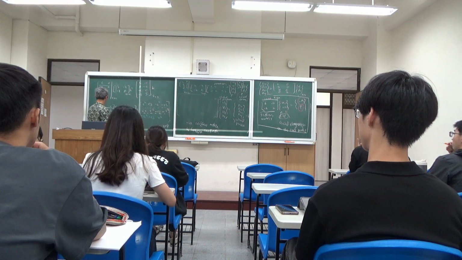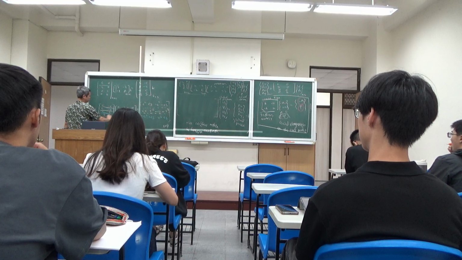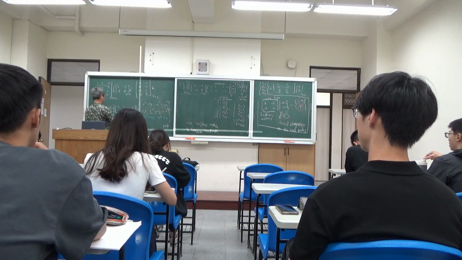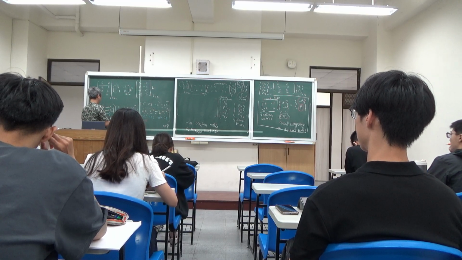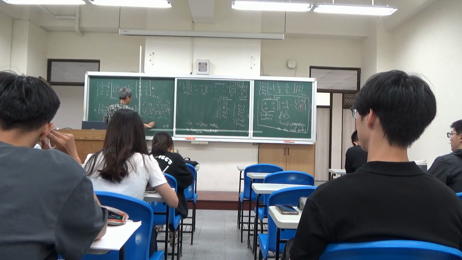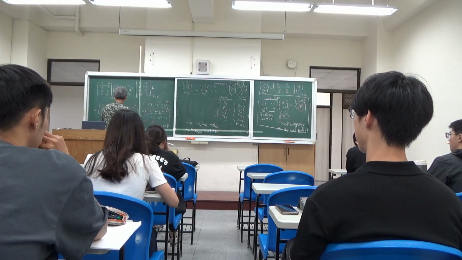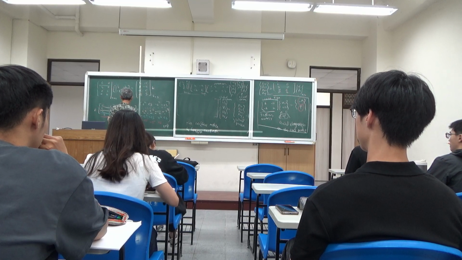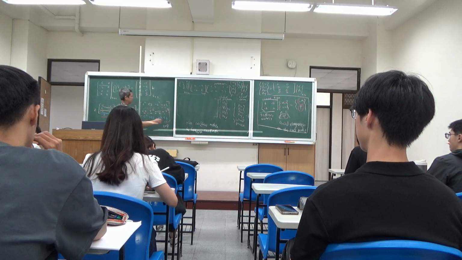Third row, fourth column, you have your CS. And then we come to the fourth row. Fourth row, first column, CS. Fourth row, second column, S squared. Fourth row, third column, we have minus CS. And fourth row, fourth column, we have S squared.